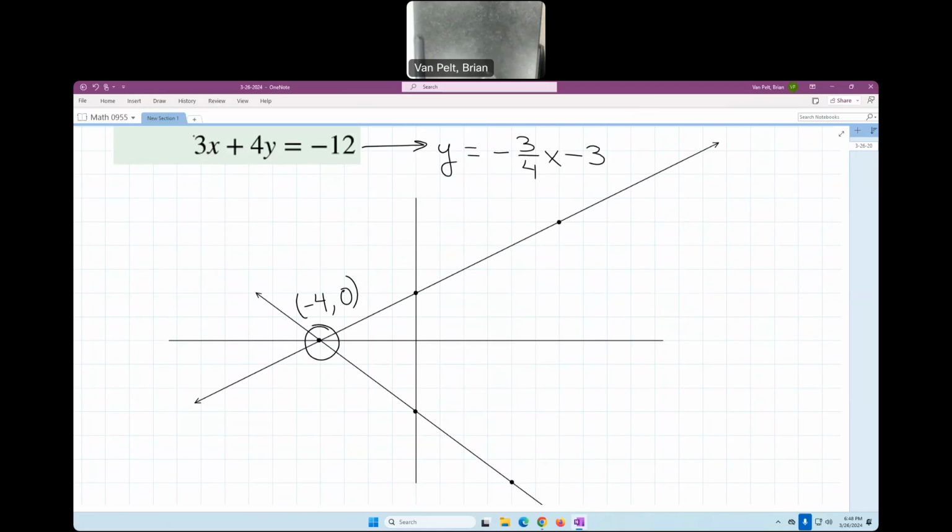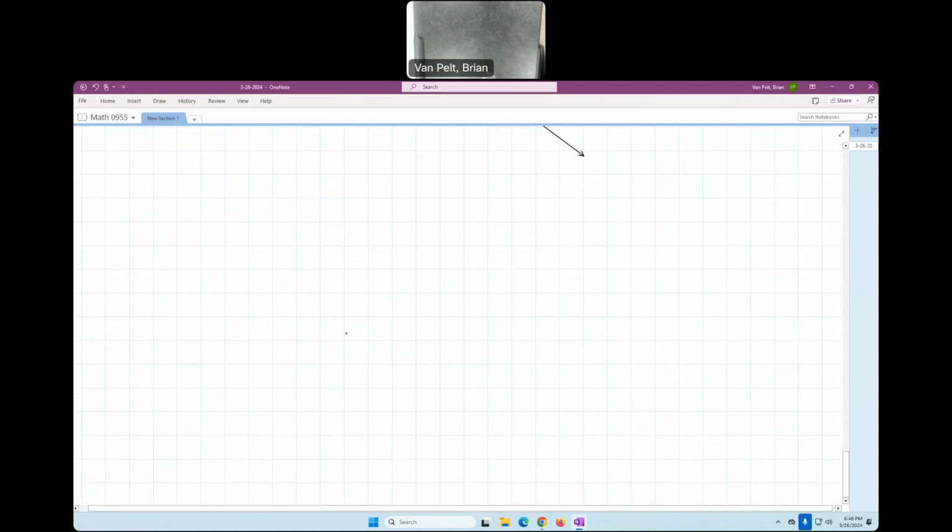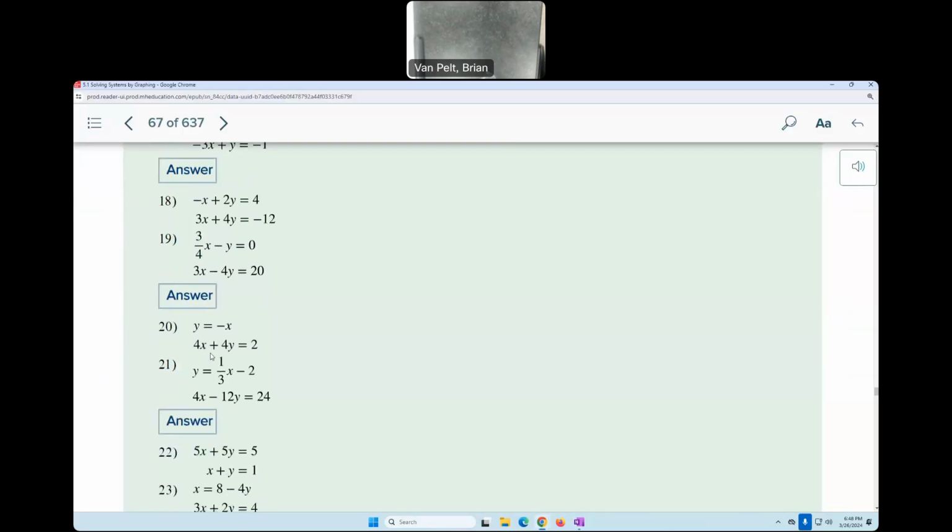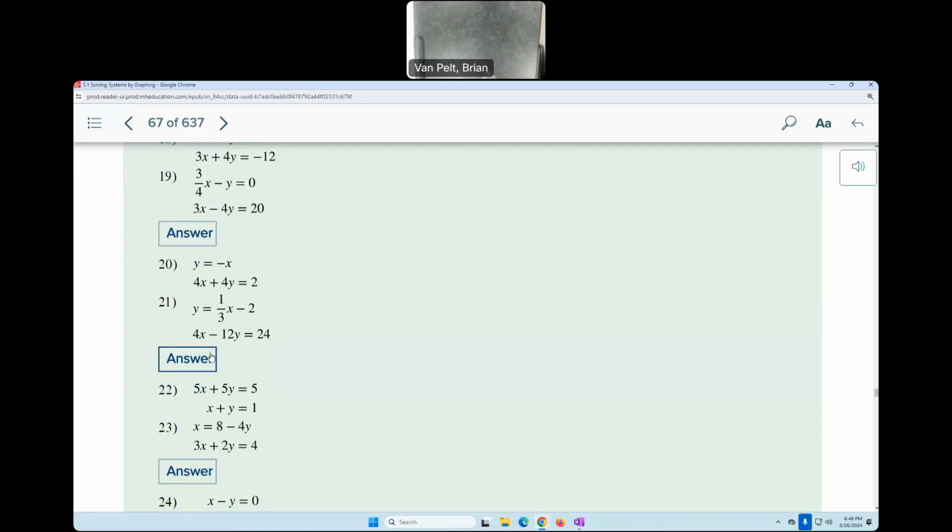What I'm going to do is take one of these and use it to do a problem here, but let it springboard us into the next section as well. What I had in mind was like number 20.